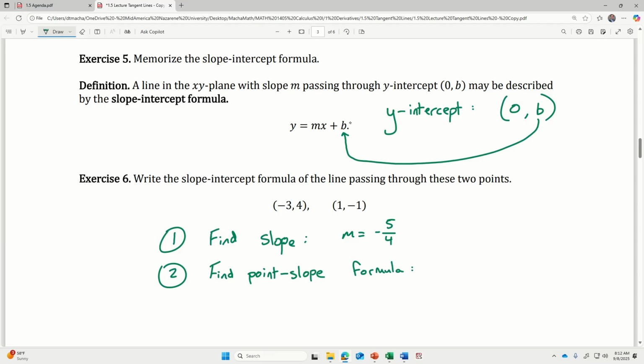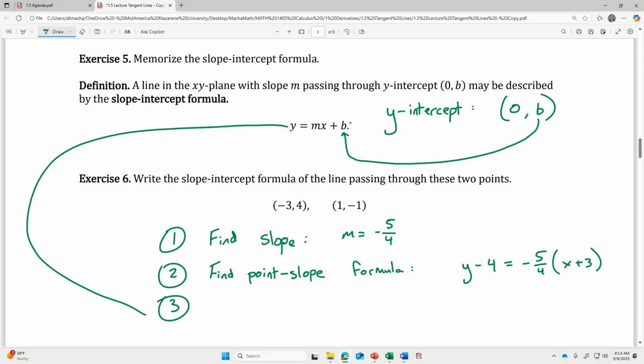And a minute ago, we decided the point slope formula was y minus 4 equals negative 5 over 4 times x plus 3. And then the third step is we just have to rearrange it to look like this formula. Use your algebra skills to rearrange this.